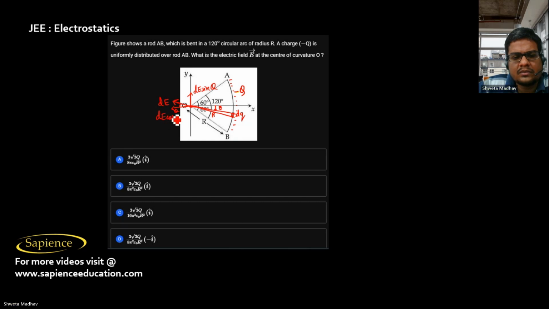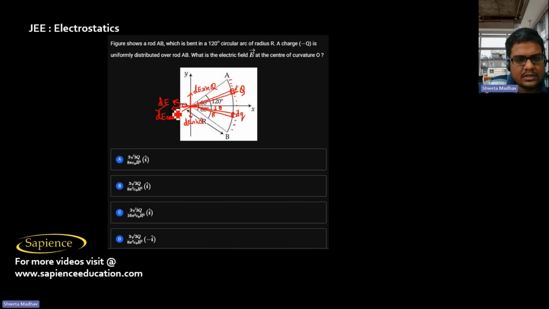Now dE sin theta components will get cancelled, since corresponding to this dq charge, here also we can have a similar dq charge, and whose electric field will be like this. So then that dE sin theta component will get cancelled.